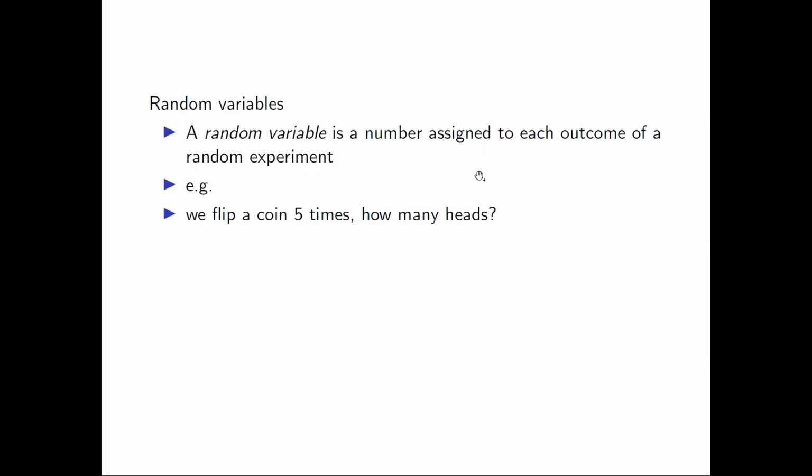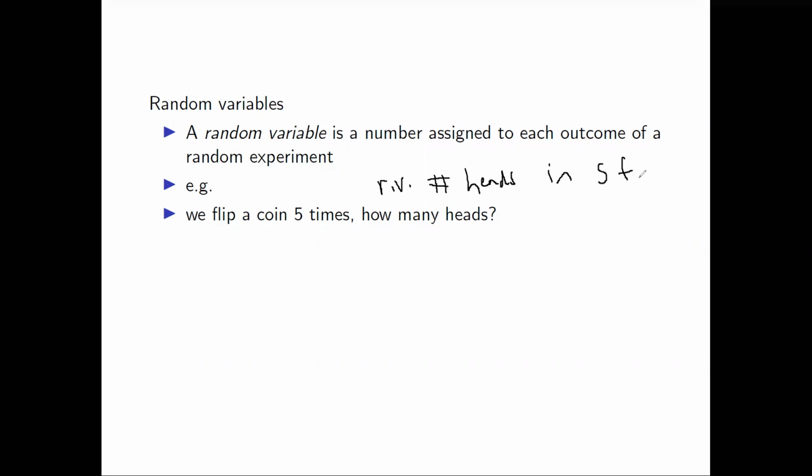We could do this experiment where we flip a coin 5 times and look at how many heads in these 5 flips. And the random variable here is the number of heads in the total 5 flips.